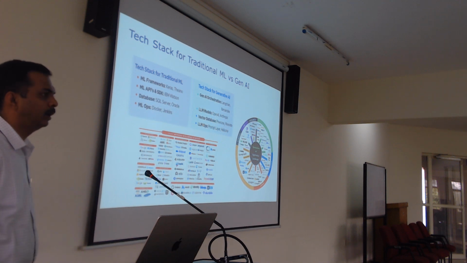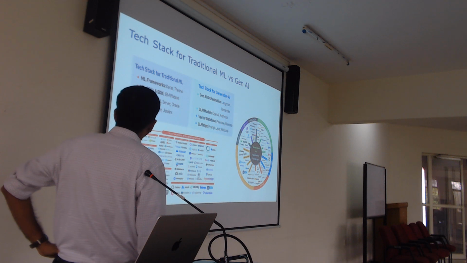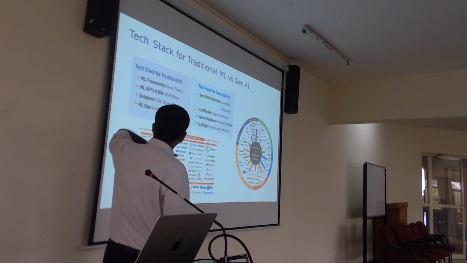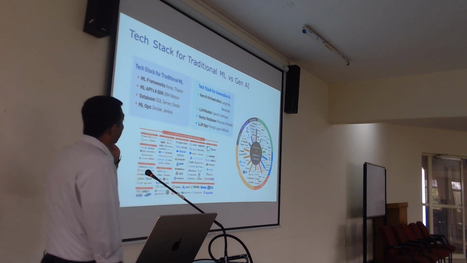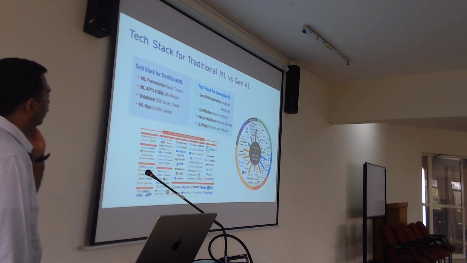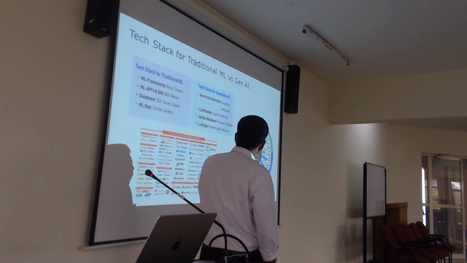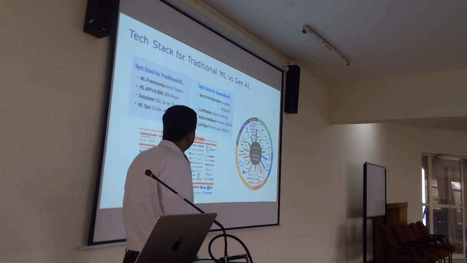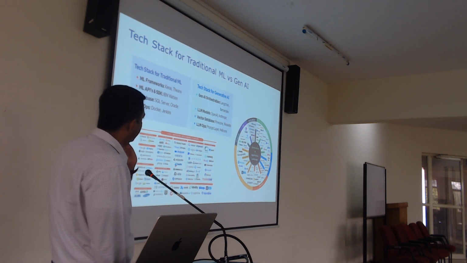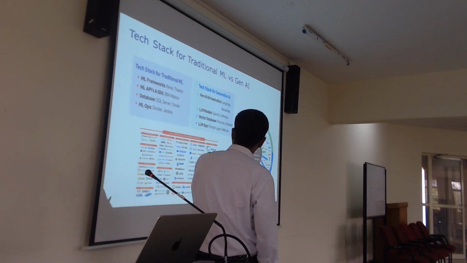Now compare the same tech stack for traditional ML and generative AI. In traditional ML, you have ML frameworks like Keras and Theano, ML APIs like Watson, and databases like SQL Server and Oracle. When we talk about the tech stack for GenAI specifically, you have orchestration solutions like LangChain, LLM models like OpenAI, vector databases like Pinecone, and LLM ops.